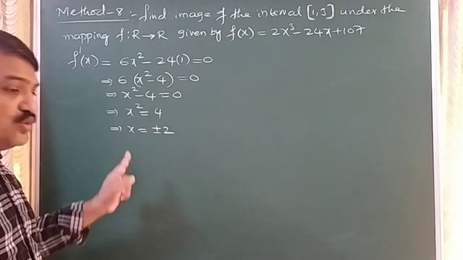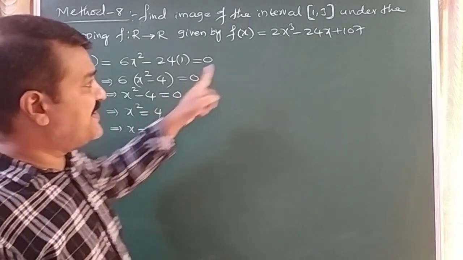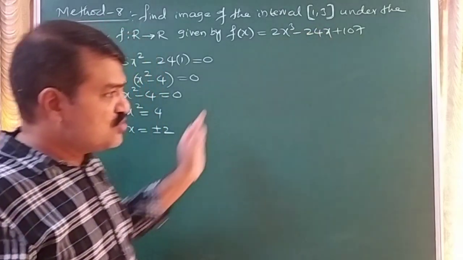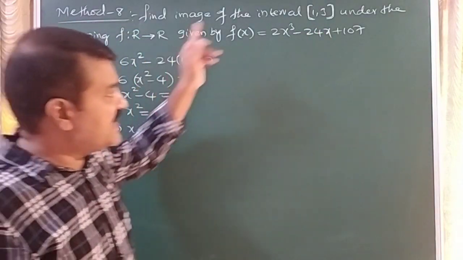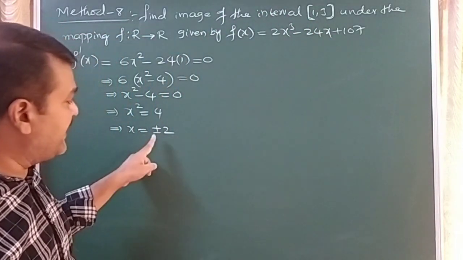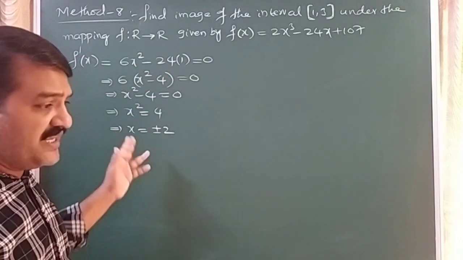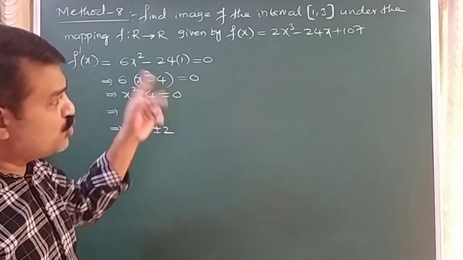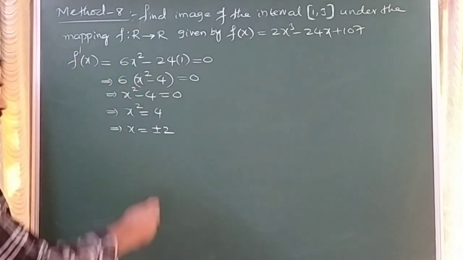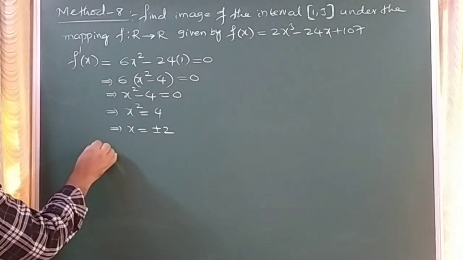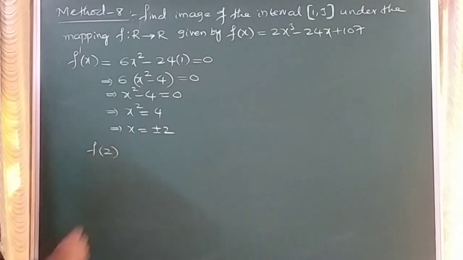Now choose only those x values which satisfy this interval. Choose only those x values which lie in this interval. That means minus 2 does not lie in that interval. Therefore leave minus 2. Plus 2 we can take. So now find f of 2.